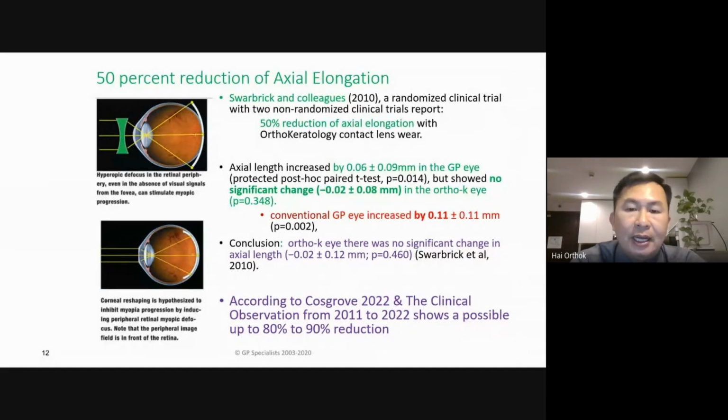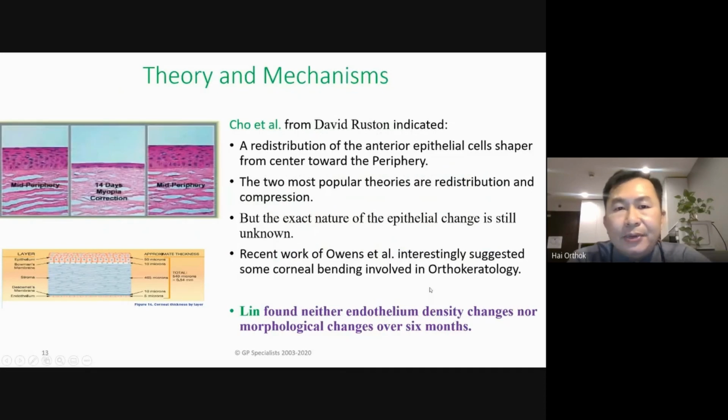That means up to 80 or 90% of patients could keep the eye stable and reduce the progression of myopia. On theory and mechanism, we show that Link found that neither endothelium density nor morphology changed over 6 years, so Ortho-K was concluded to be safe to use.